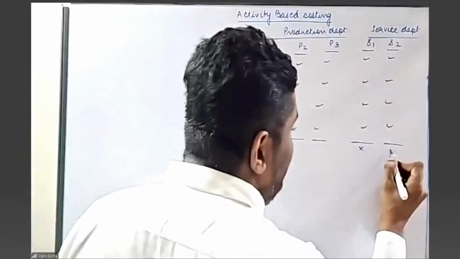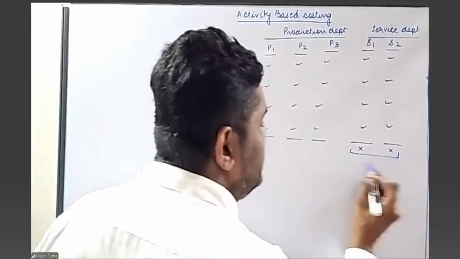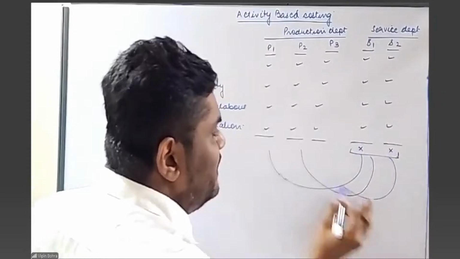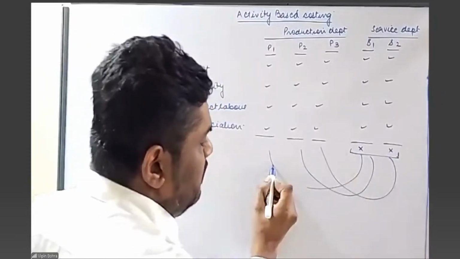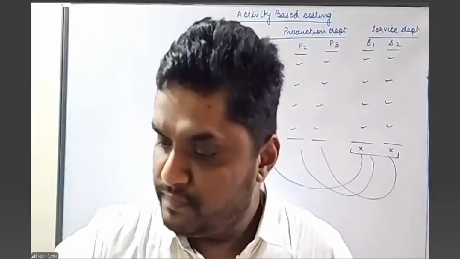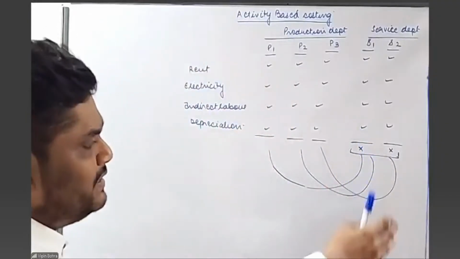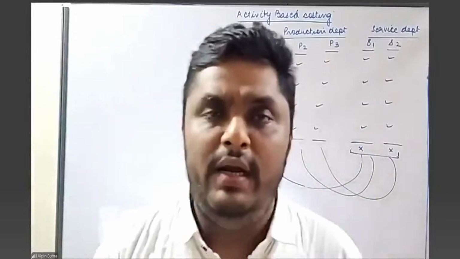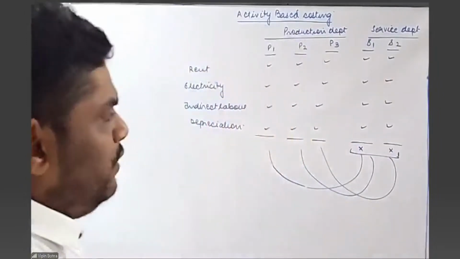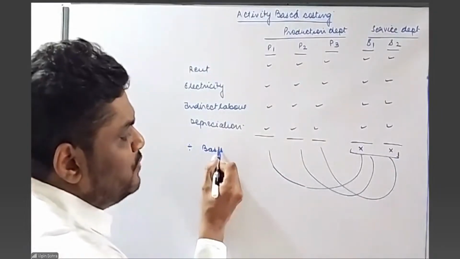So we used to calculate the total overheads of the service department, and these overheads were redistributed to the various production departments. And once the overheads are redistributed to the production departments, we used to calculate the absorption rate. How we used to calculate the absorption rate? We used to divide it by basis of absorption.